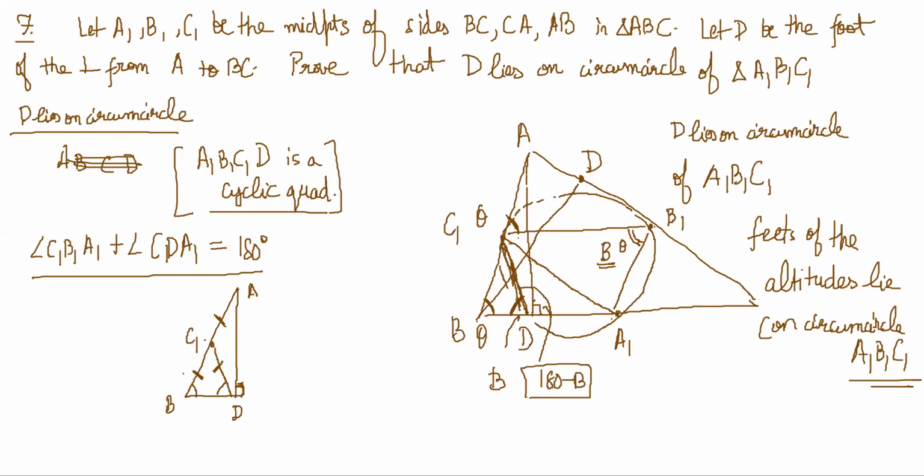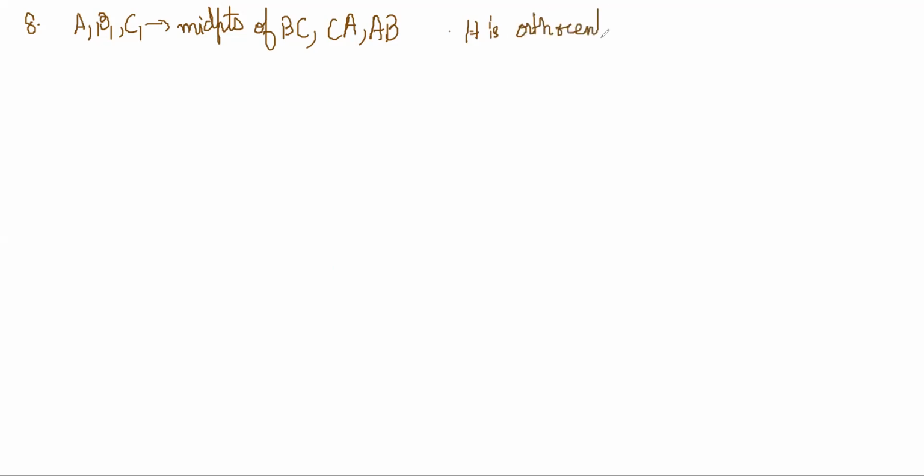Now the next thing that we want to prove is a similar idea. Again, A1, B1, C1 are midpoints of BC, CA, AB. Let H be the orthocenter of triangle ABC.